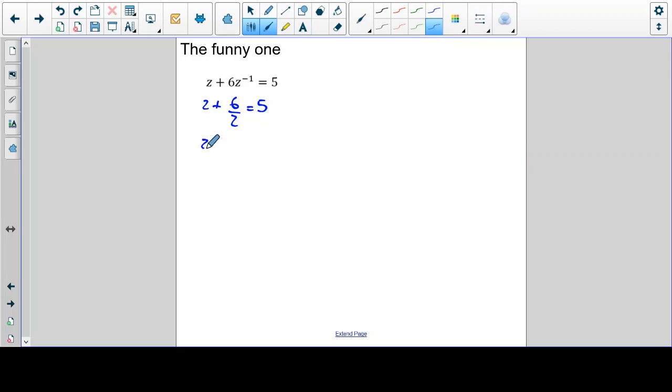We multiply everything by z, get z squared plus 6 equals 5z. Subtracting the 5z gives us our quadratic that we can solve. This now is a more straightforward one. So a little bit harder to spot what's going on there.